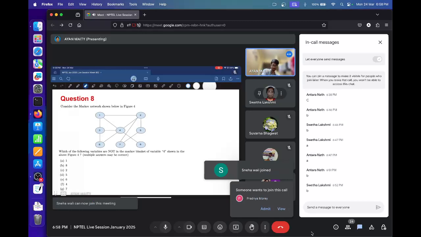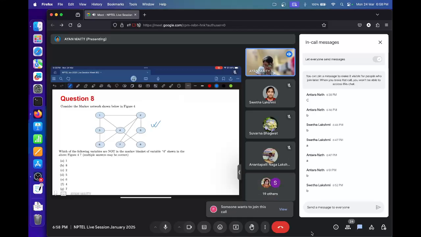Now question 8. So this is a Markov network or undirected Bayesian network. Which of the following variables are not in the Markov blanket of variable 4? So this is the variable 4.